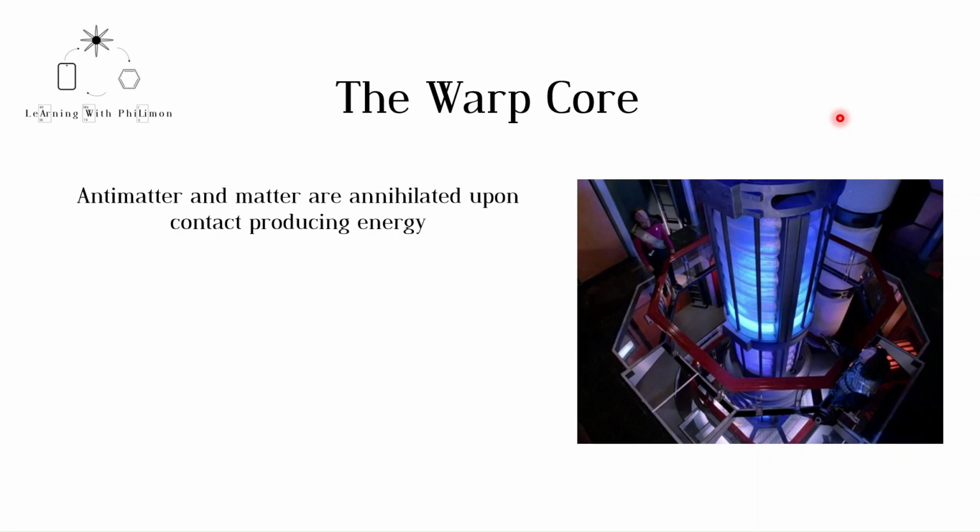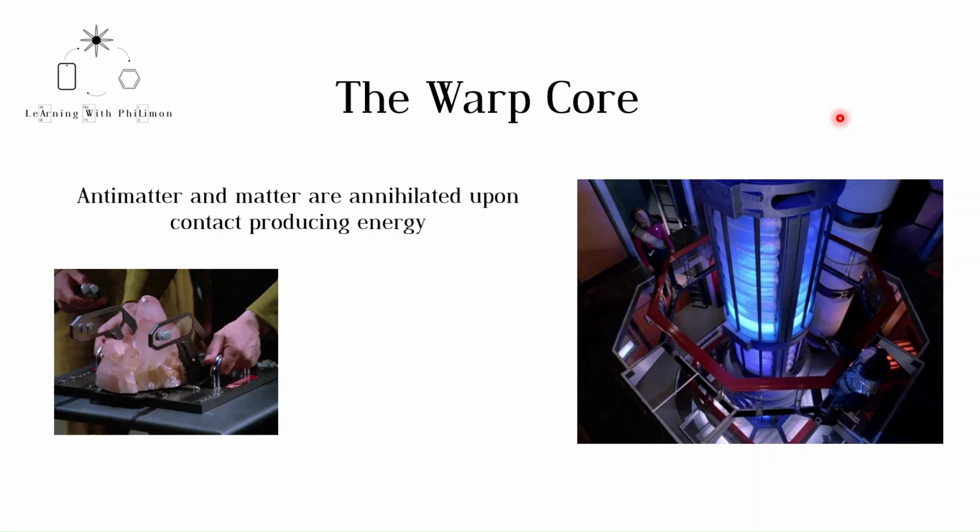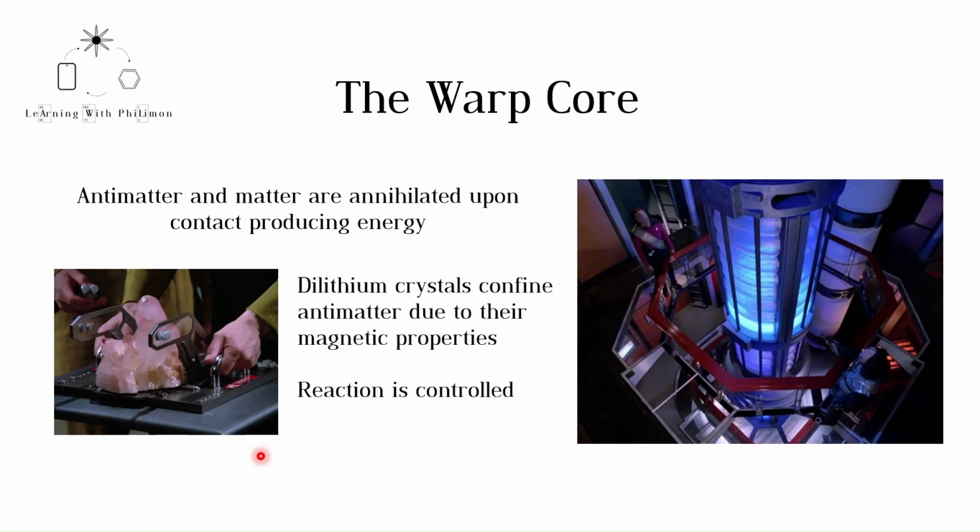To control the reaction, dilithium crystals are used. These crystals have fictional magnetic properties that trap the antimatter close to the crystal without actually touching it. This is necessary because if the antimatter touches the crystal, it would destroy it, and then any part of the ship it would get in contact with.